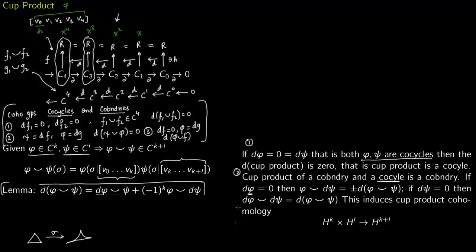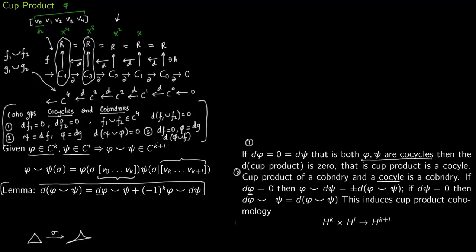That is, this psi is a co-cycle. In that case, this entire term would have been 0, and you are just left with this term. So d phi cup this is equal to d of this. So again, you get a co-boundary.